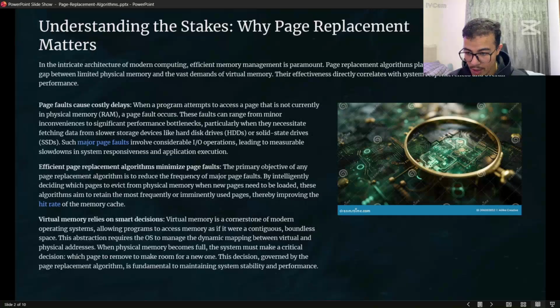Such major page faults involve considerable I/O operation, leading to measurable slowdowns in system responsiveness and application execution.